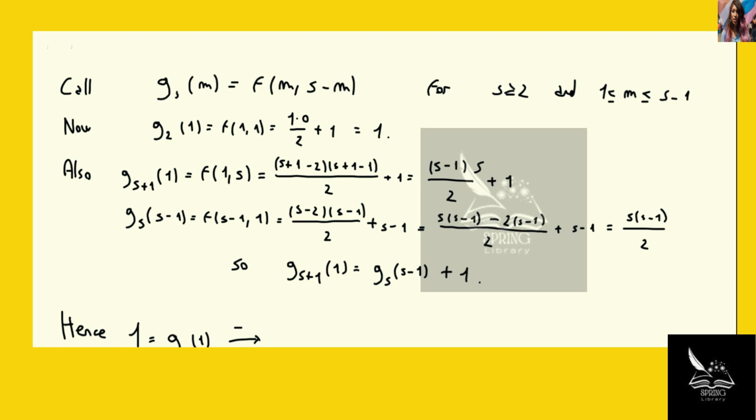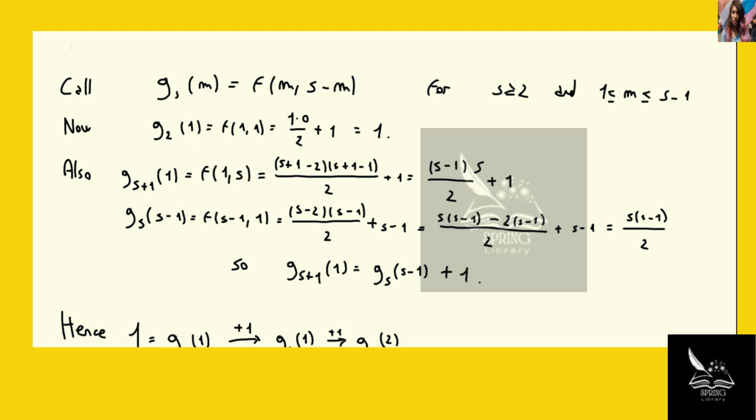So next we need to use the formula down here to step up by 1, and that becomes g_3(1). Now m is allowed to vary up to 2, and so that's g_3(2), and that's exactly 1 more than g_3(1).